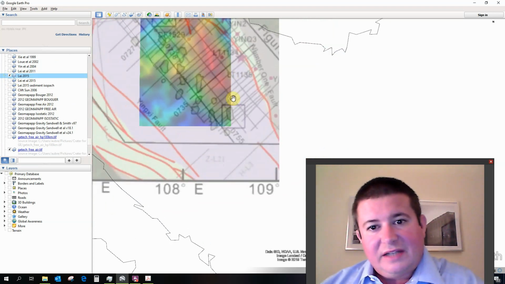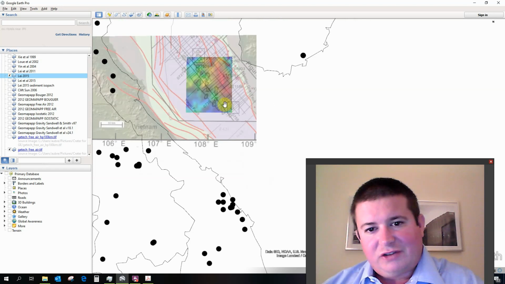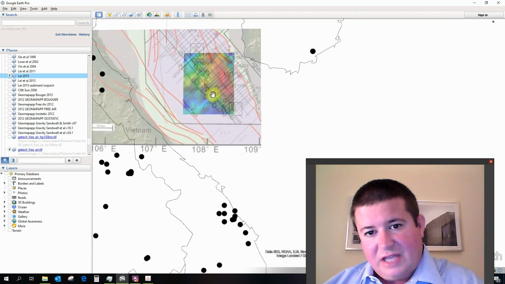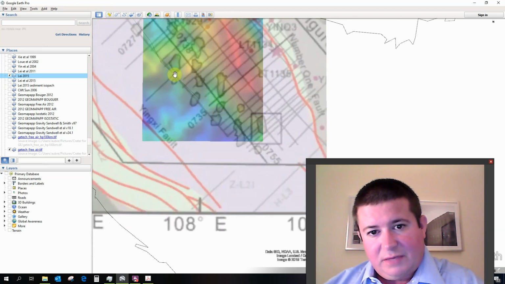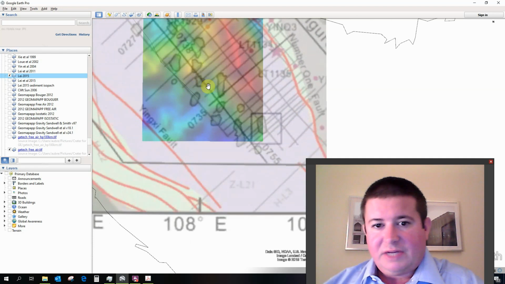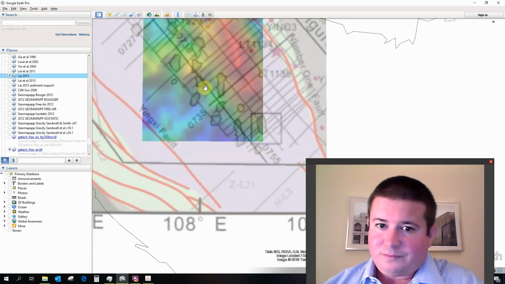Now Lee et al., not all these gravity lines are actually available. He's published a low resolution line here, this darker line here, line 0755. Now this potentially covers the edge of this gravity anomaly, which is in this area, potentially just cutting the edge. So not ideal, but very interesting. This line here, which is not available, this is very, very, very interesting. I would like to get hold of this line.